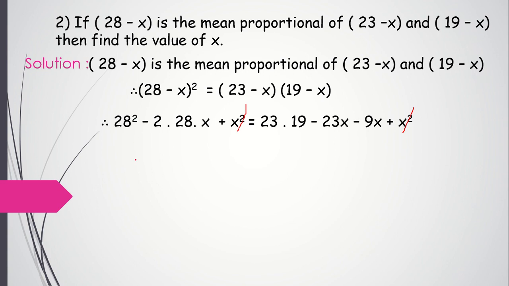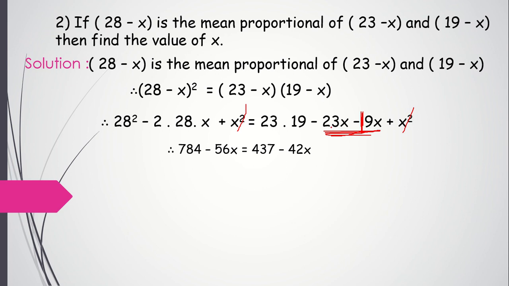Then 28 square we find, 28 multiplied by 2. 28 square is 784. 28 into 2 is minus 56x. 23 into 19 is 437. 23x and 19x: this was 19x when we multiplied.